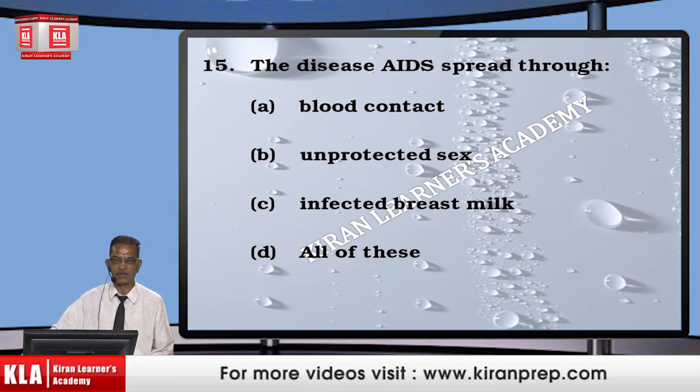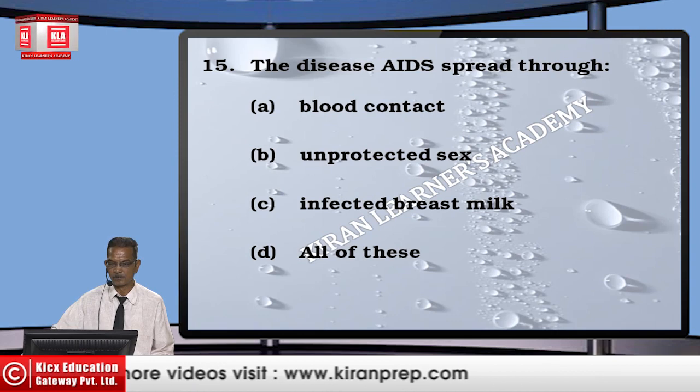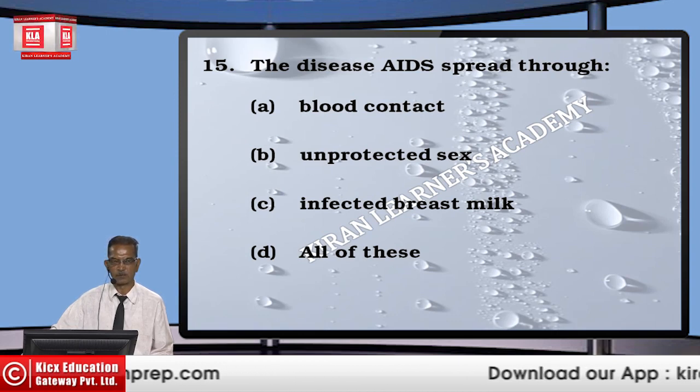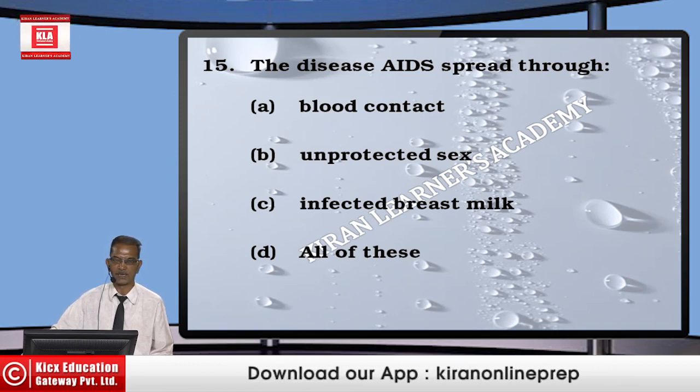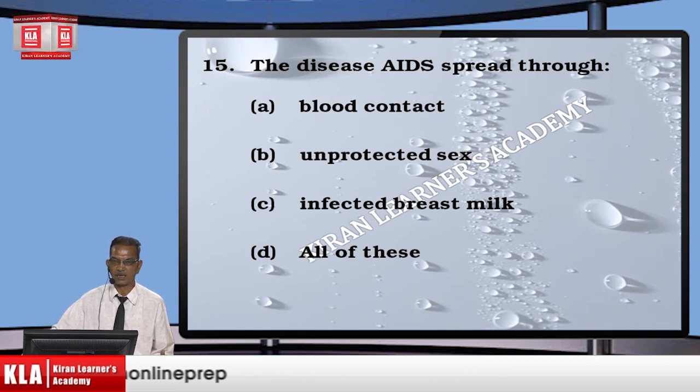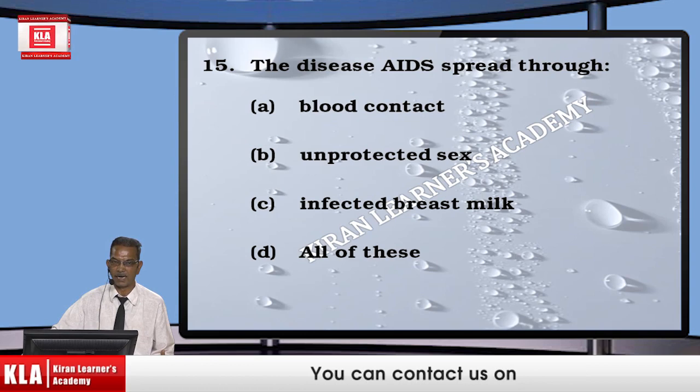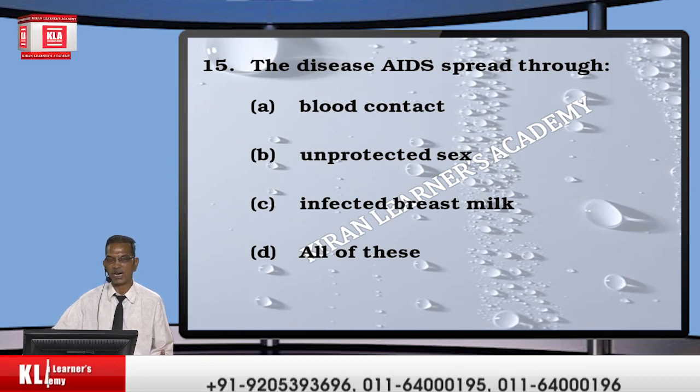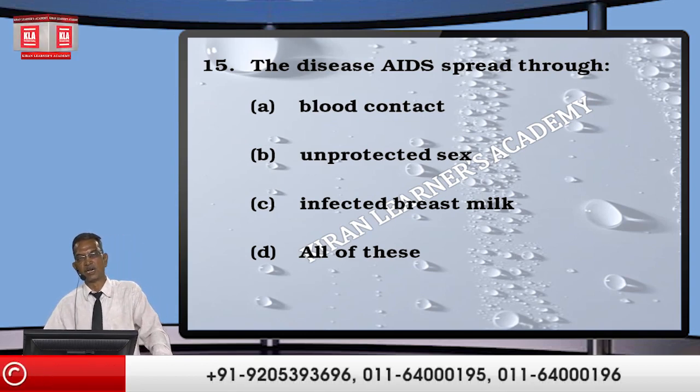Unprotected sex, that means sex without the use of a condom or any other protection. Infected breast milk, that means a mother is infected with AIDS and is breastfeeding a child. Then the milk the child gets from the mother is infected with HIV, and hence the child also becomes a patient of AIDS.